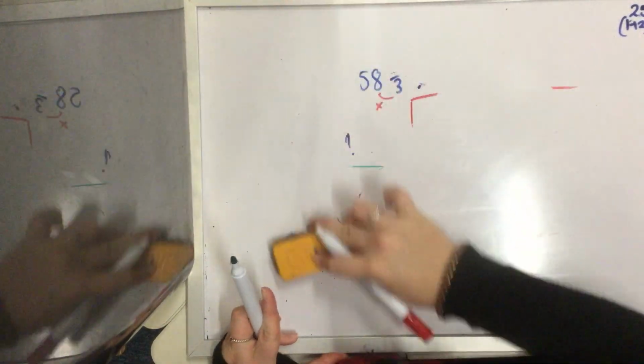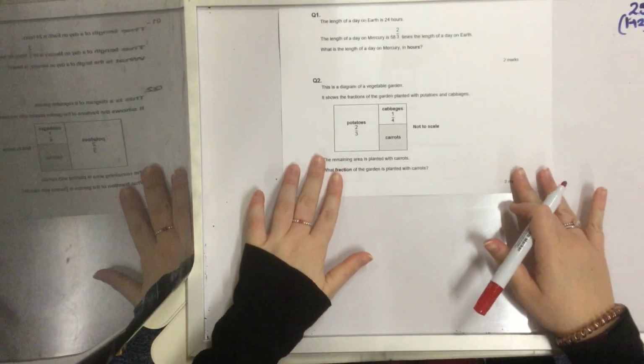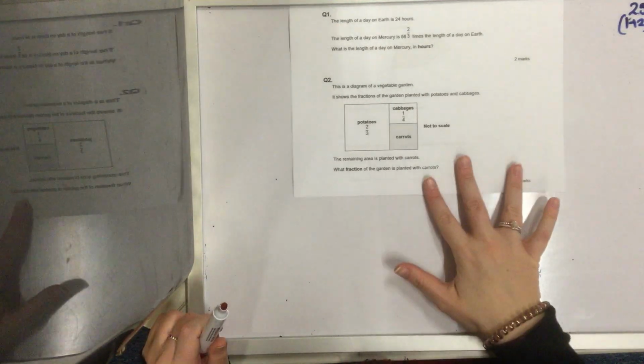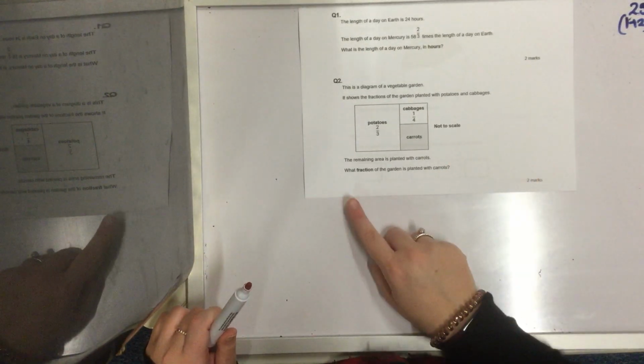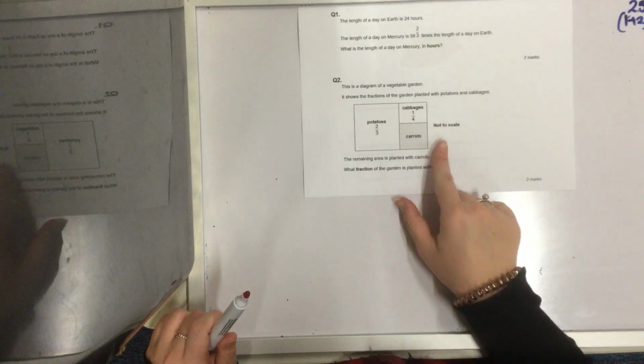So we're now going to do the second question for today. So we will grab our sheet again and have a little look. So we've got this. So then we've got a little diagram here. Note it says it's not drawn to scale.